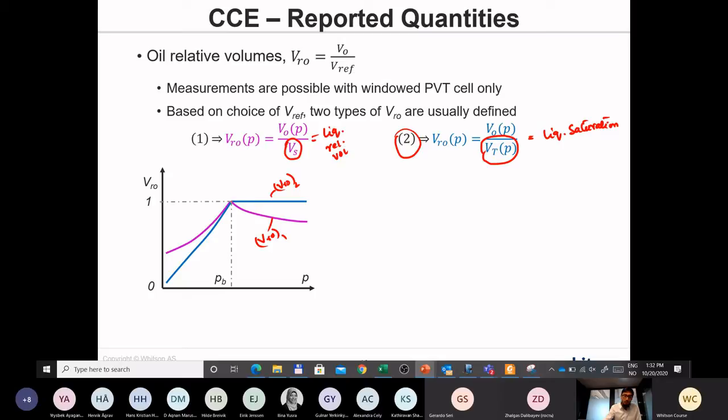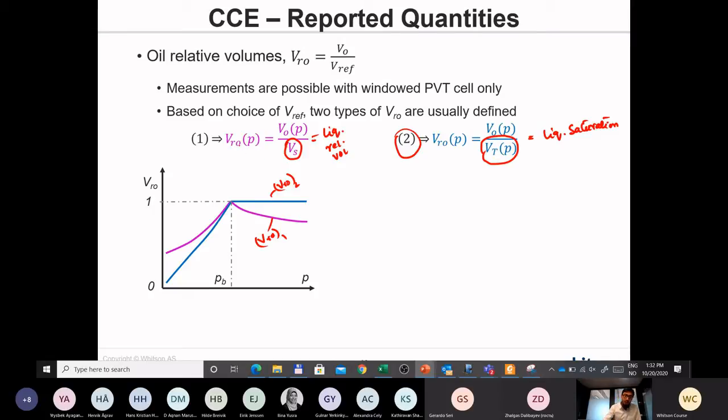So it should be 1 until the bubble point, this blue line, and then it starts decreasing sharply because the total volume starts to increase exponentially with the decrease in pressure, because the gas is coming out.